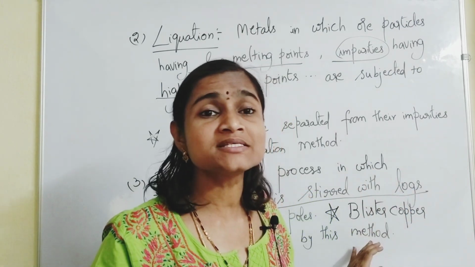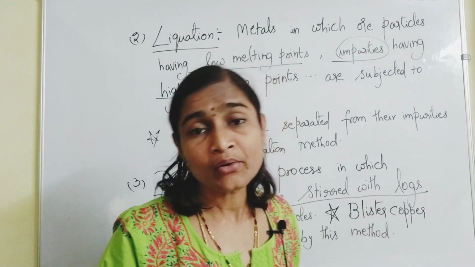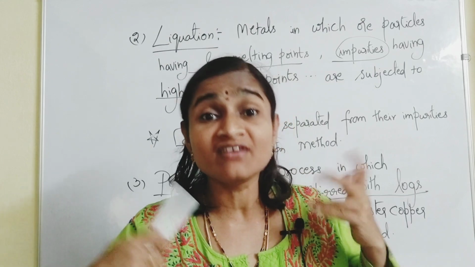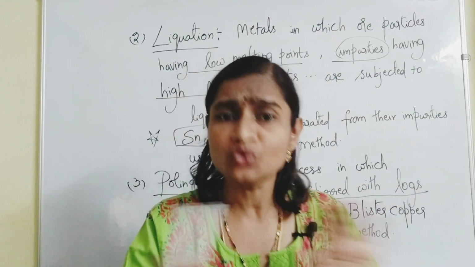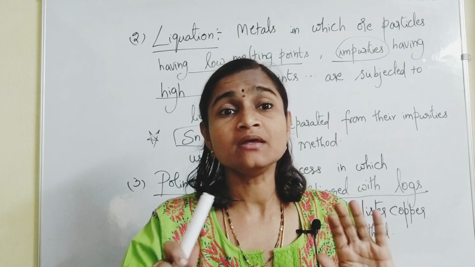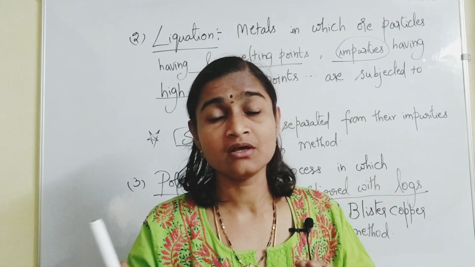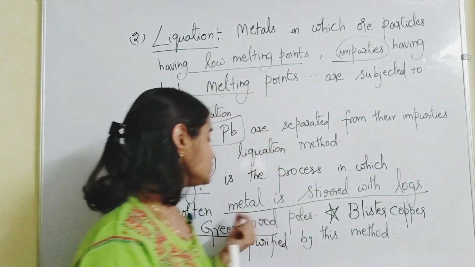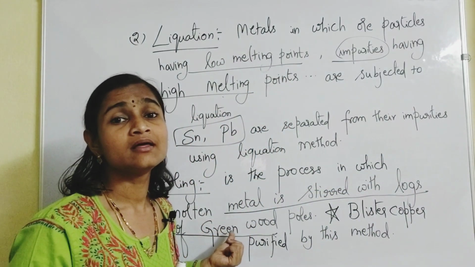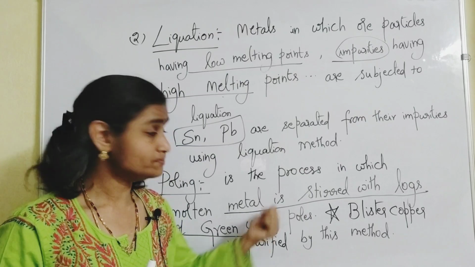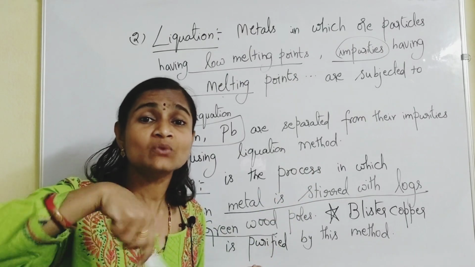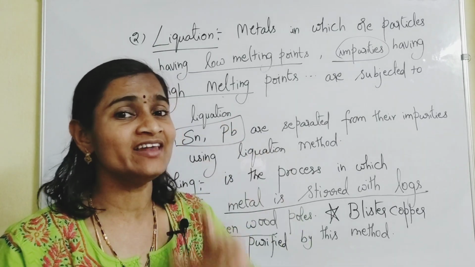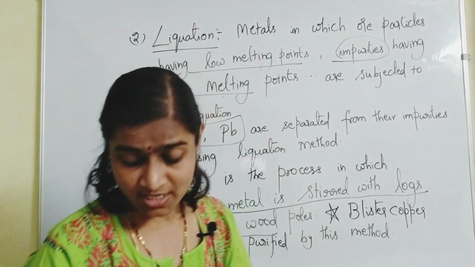But as the process goes on, it reacts with atmospheric oxygen and keeps converting into copper oxide, which we don't want. That means it is undergoing oxidation. Now our aim is to prevent oxidation. So to prevent oxidation, the blister copper is stirred with logs of green wood poles. Please remember the point, single line: to prevent oxidation.